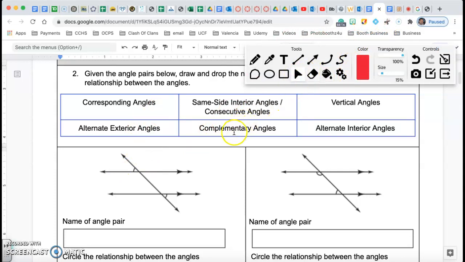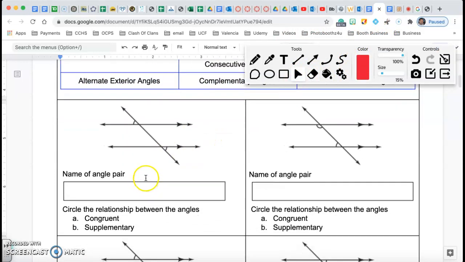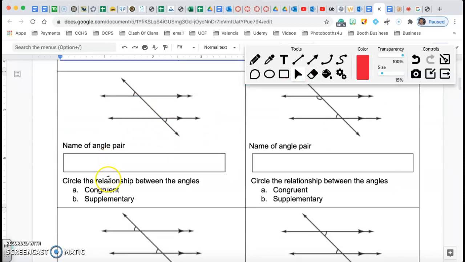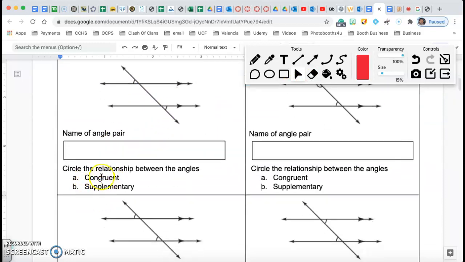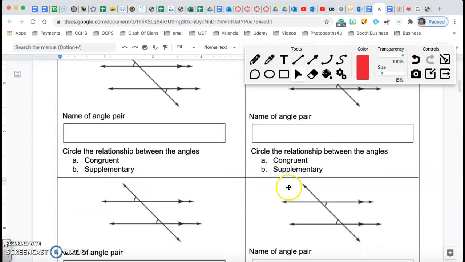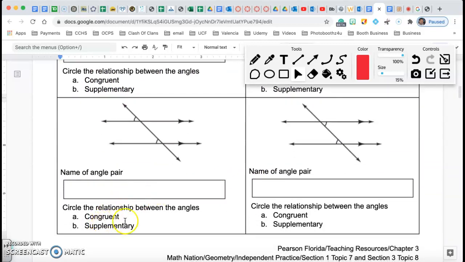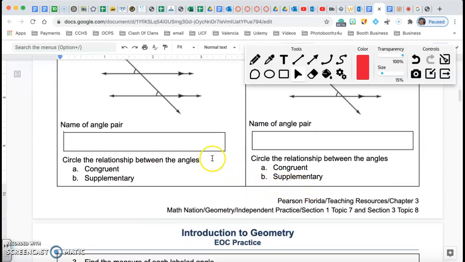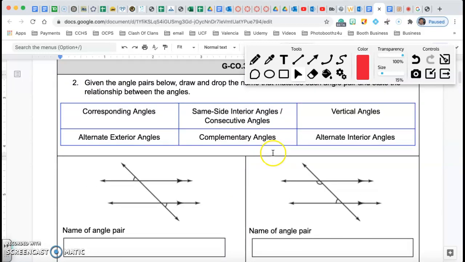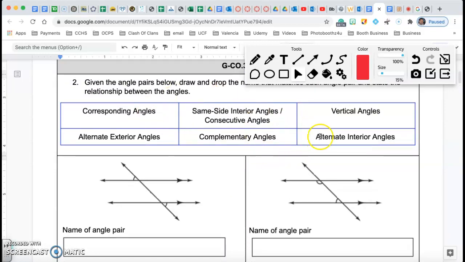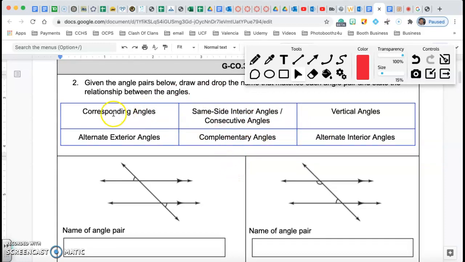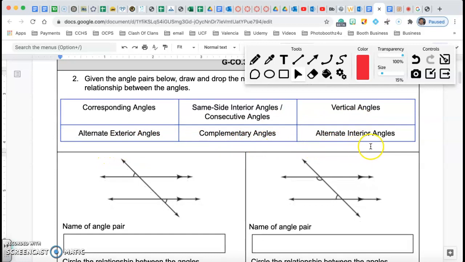So I have the drawing, name of the angle, and the relationship. Are they congruent or supplementary? Congruent, supplementary, congruent, supplementary. I have 1, 2, 3, and 4, 4 choices, but they give you 6 different answers. So corresponding angles, same side interior angles, vertical angles, alternate exterior angles, complementary angles, alternate interior angles.